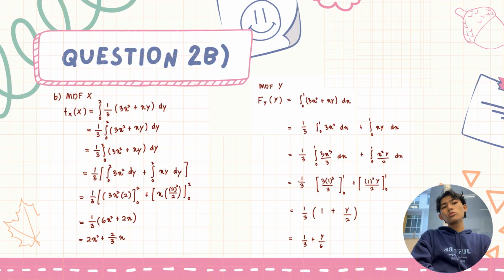That is why the 3x squared becomes 6x squared. After integrating and simplifying, we obtain the marginal density function of x as 2x squared plus 2 over 3 x. For the marginal density of y, we integrate the joint density function with respect to x from 0 to 1. After integrating term by term and simplifying, the marginal density of y is 1 over 3 plus y over 6.